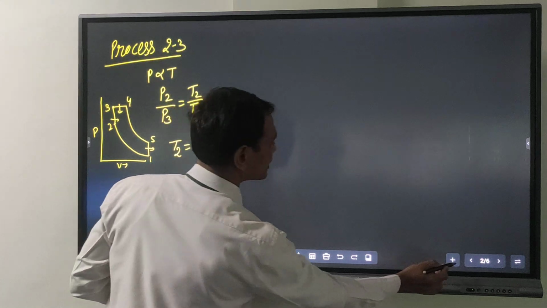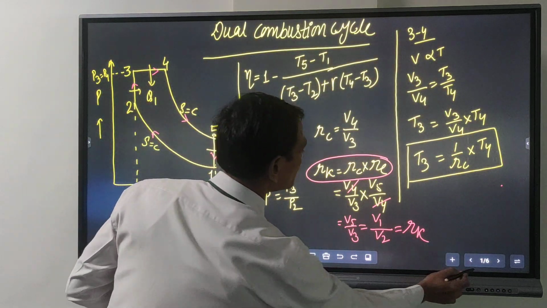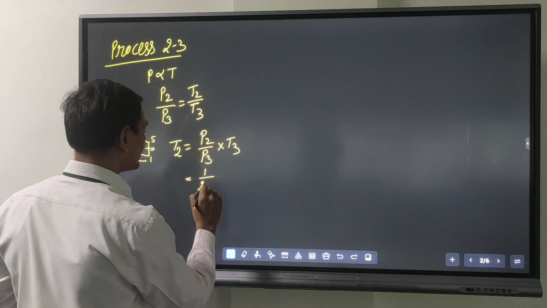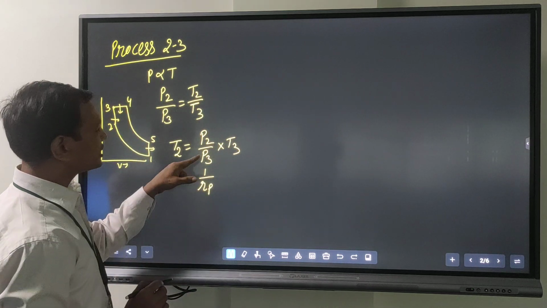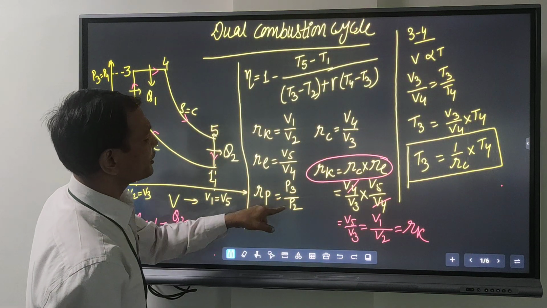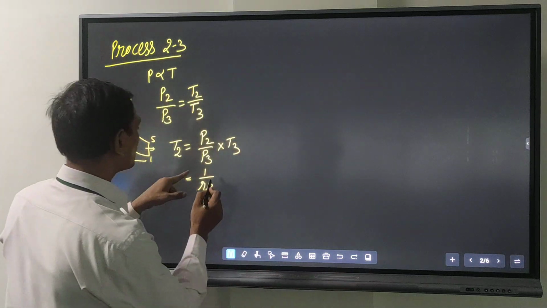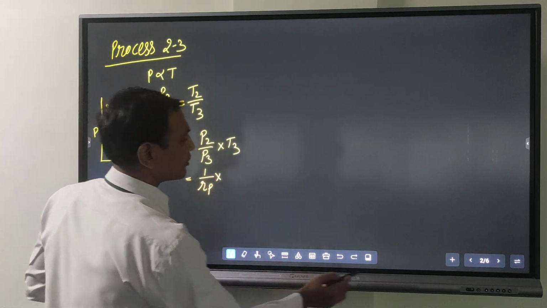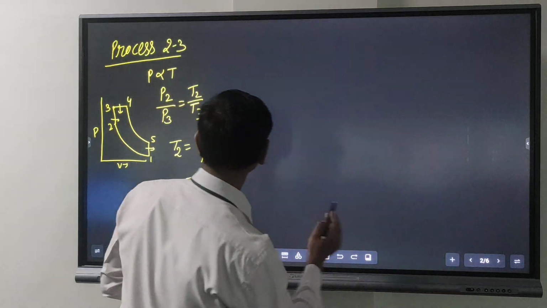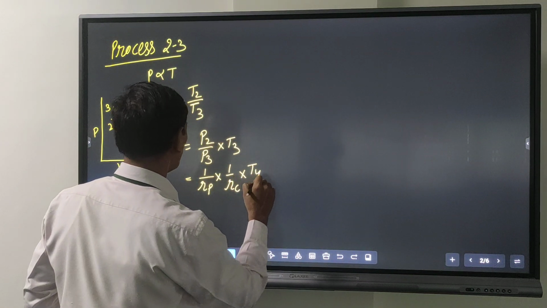And what is the value of the pressure ratio? P3 by P2 is equal to RP. So here RP is equal to P3 by P2. So P2 by P3 is equal to 1 by the pressure ratio. So here 1 by pressure ratio into the value of T3, T3 is 1 by RC into T4.